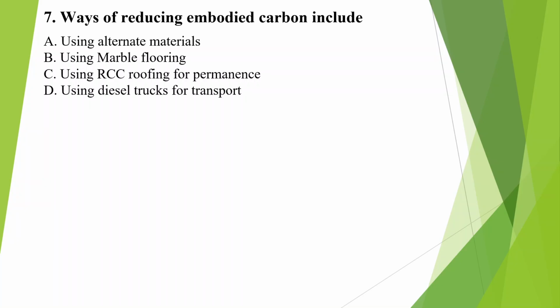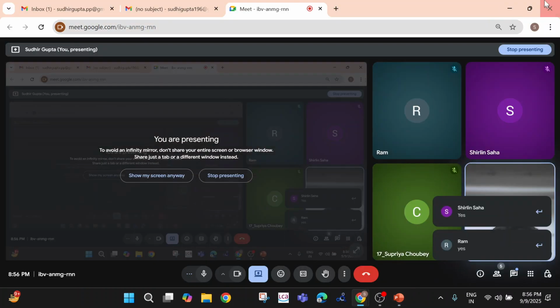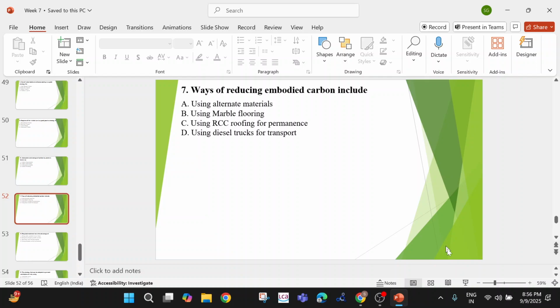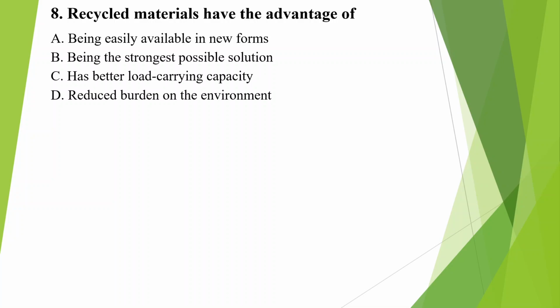So can we move to the next question? Question number 8. If it is okay with everyone, can we move to the next question? Okay, so here is the eighth question for you all then. Recycled materials have the advantage of... Yeah, this also I have discussed.